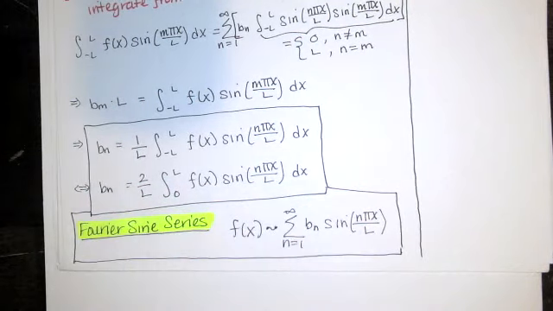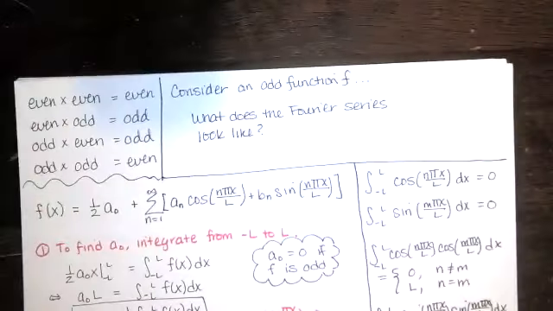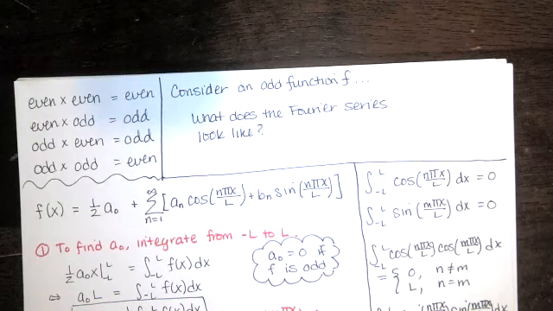Okay, now this only makes sense if f is odd, or if you just have a function defined on an interval from 0 to L, you can make it odd. So let's say we're given a function f, and f is defined on 0 to L. Maybe our function looks like this.